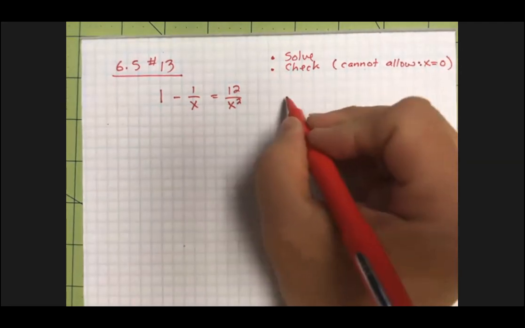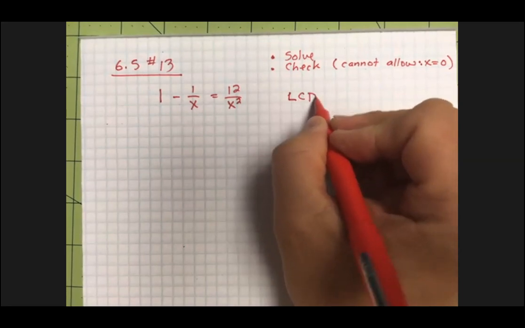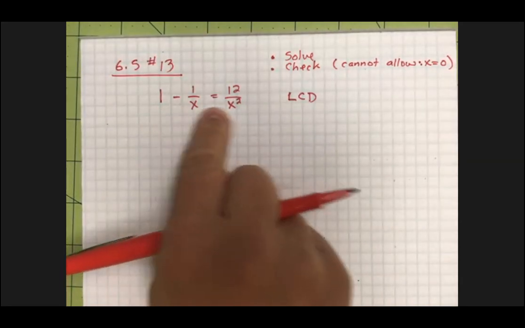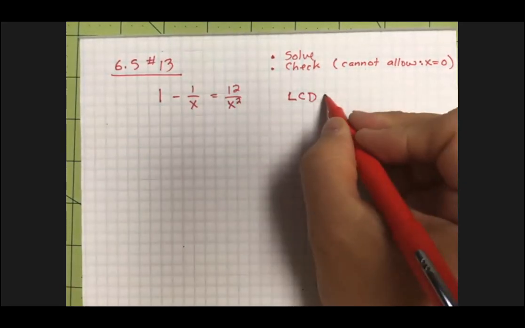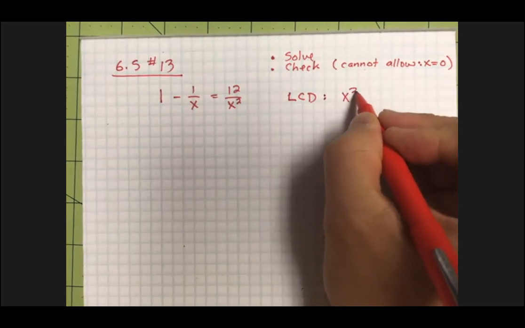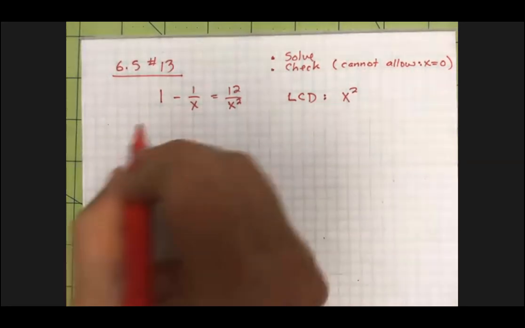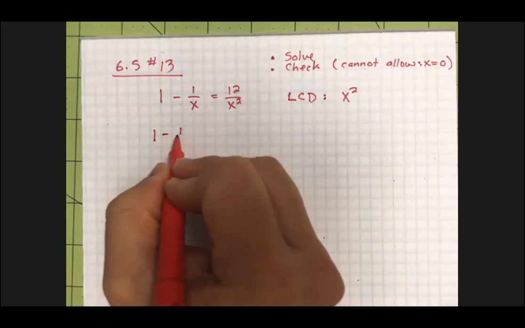Okay, let's go about solving it. Least common denominator. Denominator 1, denominator x squared. The least common denominator in this problem is x squared. Let's multiply both sides by x squared.